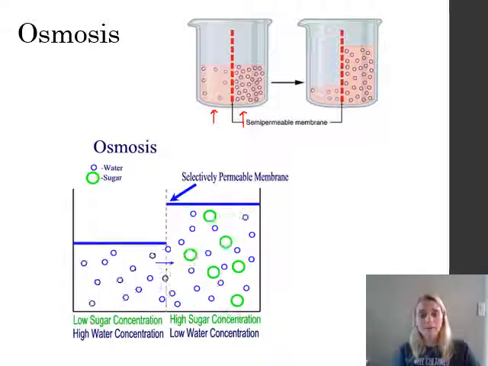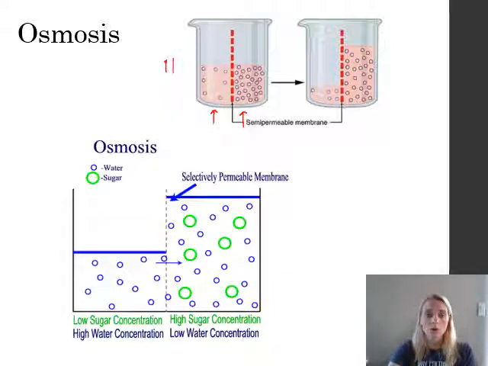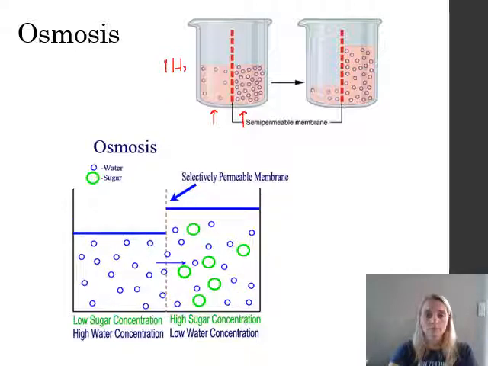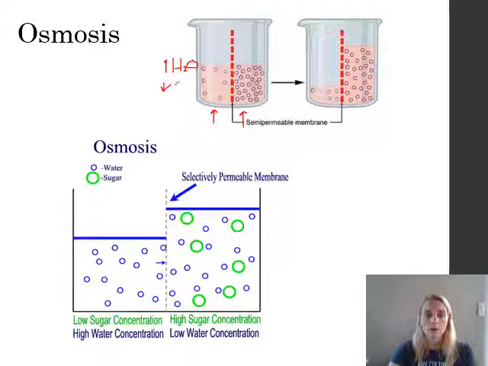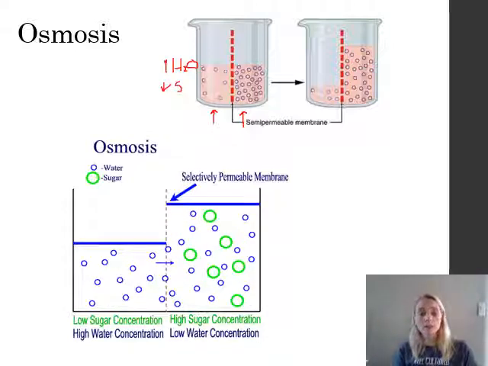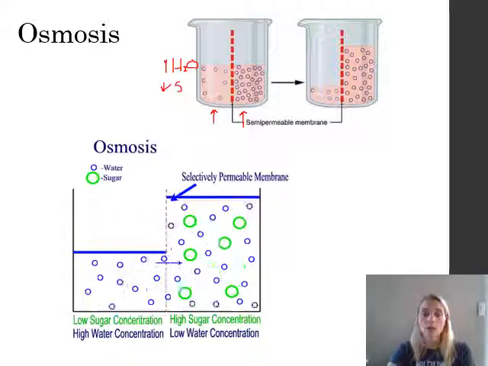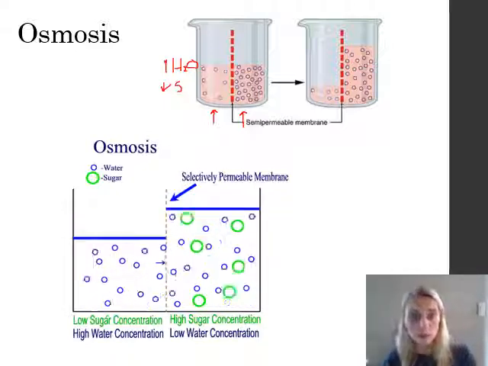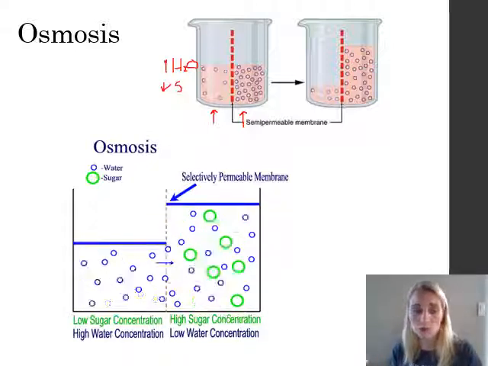On the left-hand side, you have high water and low, I'll just do S for solute since I'm not a very good PowerPoint writer. So on the left-hand side of the beaker, you have a lot of water and a little bit of solute. On the right-hand side of the beaker, if you have more solute, you have less water. So you can just look at the pink stuff.